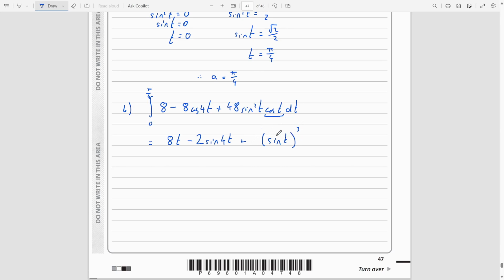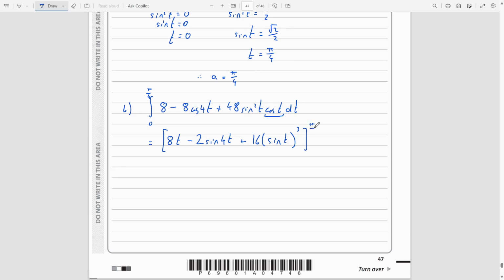And then I'd multiply by the derivative of sine t, which is cos t, which is what I want. So I've got my sine squared t cos t. Now what number here do I want such that when I multiply it by 3 gives me 48? 16. So there's my answer. Now obviously you can write that as sine cubed t, but what does that mean? It means sine t all cubed.